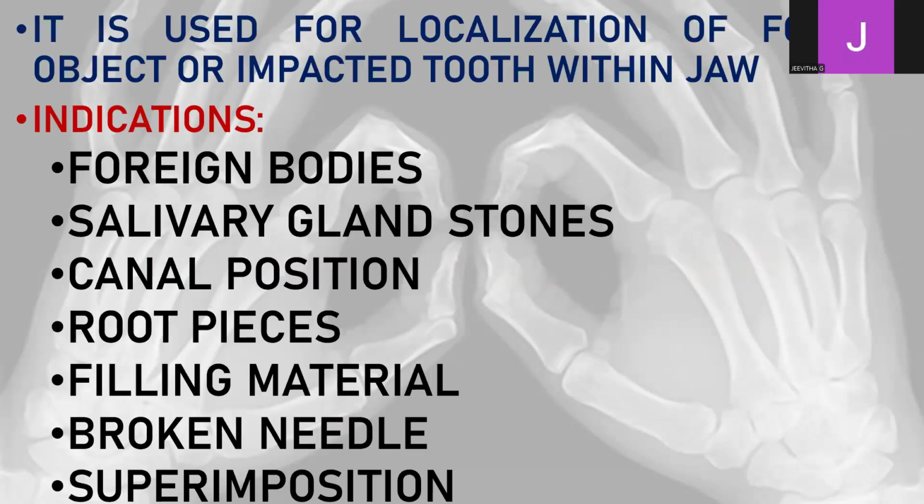see otherwise. So basically, the indications for object localization technique is to find out the location of foreign bodies, any instrument separations, any salivary gland stones, any canal position, or any accessory canals or lateral canals which are not visible, and root pieces or fragments which have been left out after an extraction, filling materials which could have been present in the periapical region, and any broken needles or files or any instrument separation, and also superimposition from the adjacent teeth.